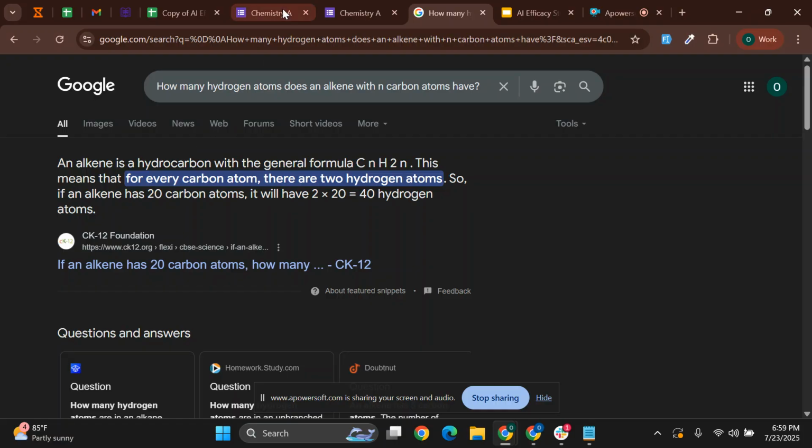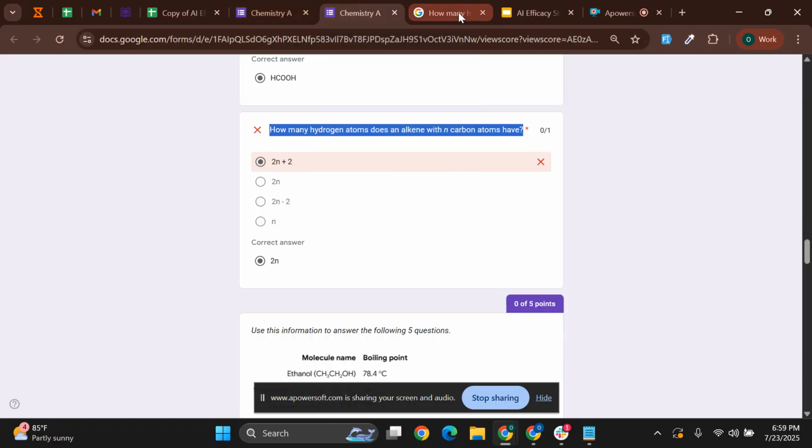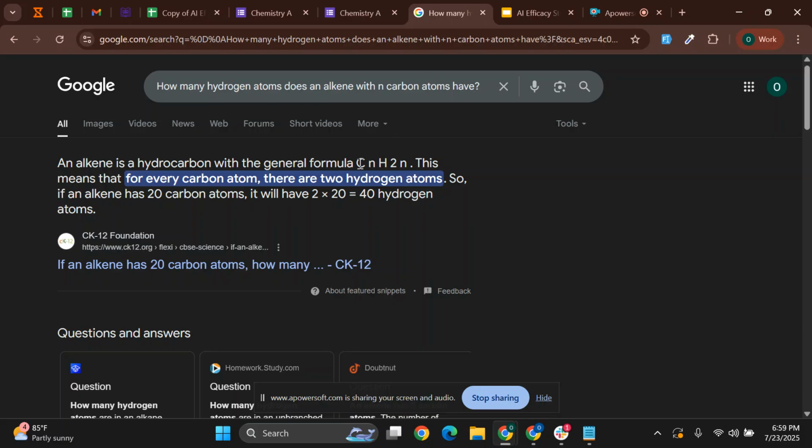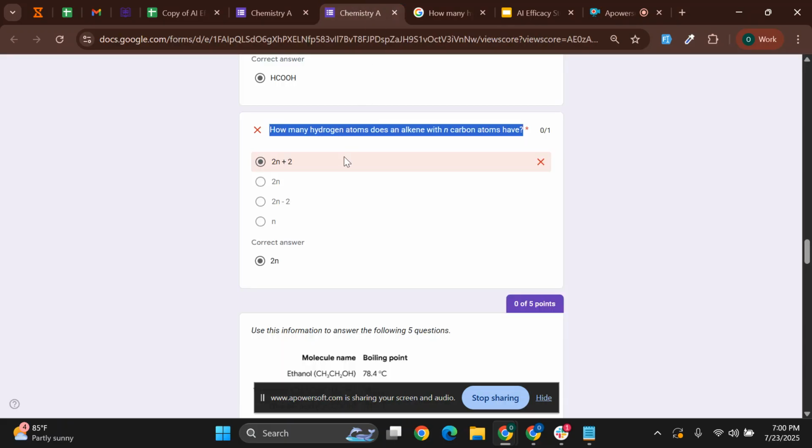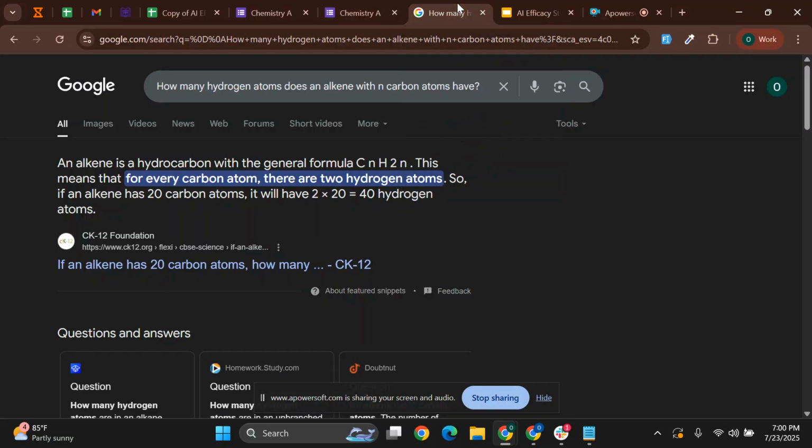If C is equal to n, then H is 2n. Sorry for this. It will have 2 multiplied by 20.